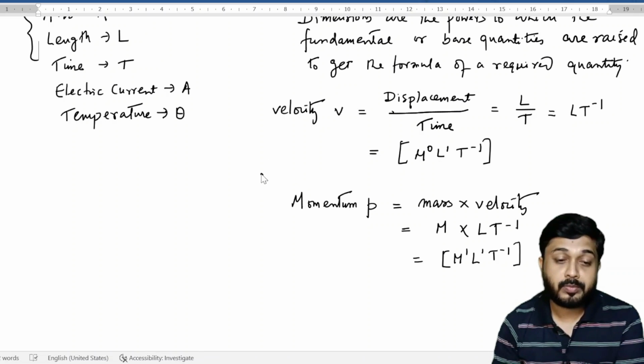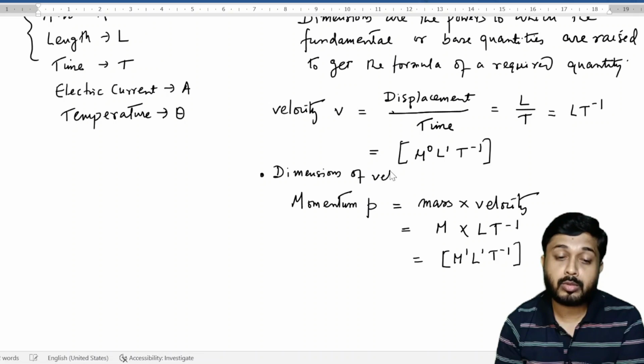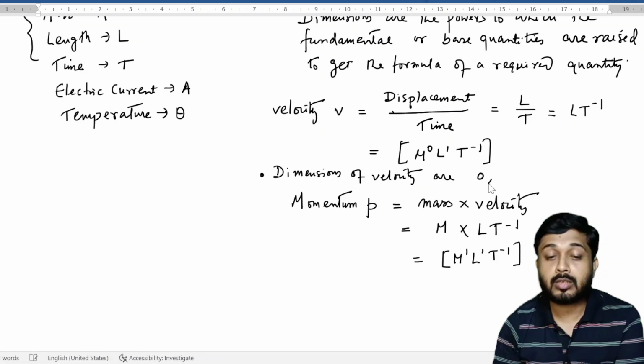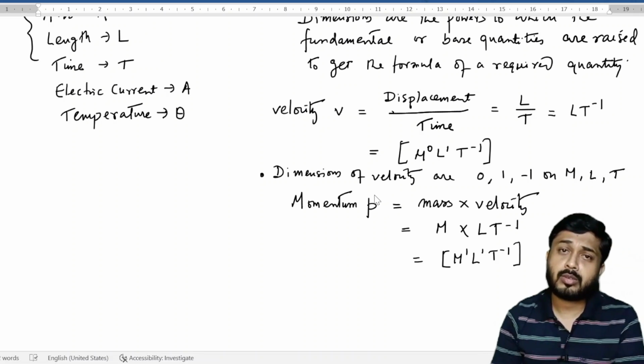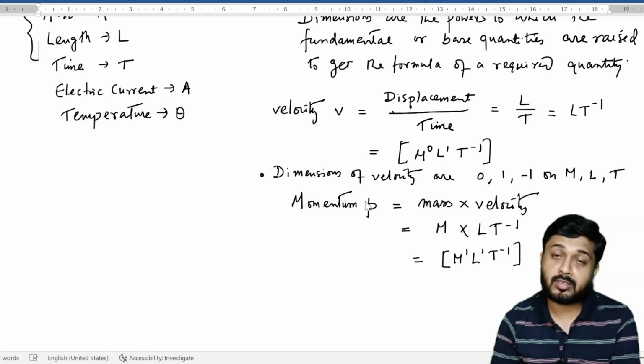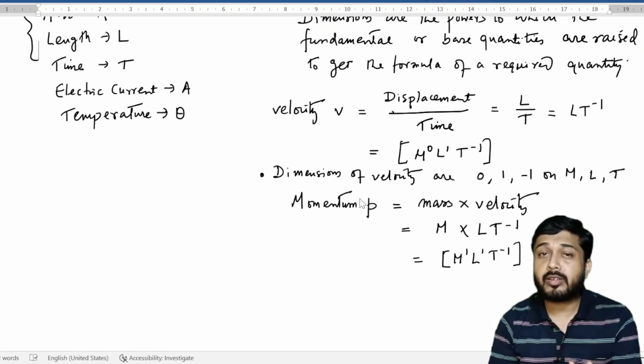Dimensions of velocity are 0, 1 and minus 1 on M, L and T. That is how we write the dimensions. Dimensions are the powers or the exponents to which the fundamental or the base quantities are raised in order to get a required quantity.